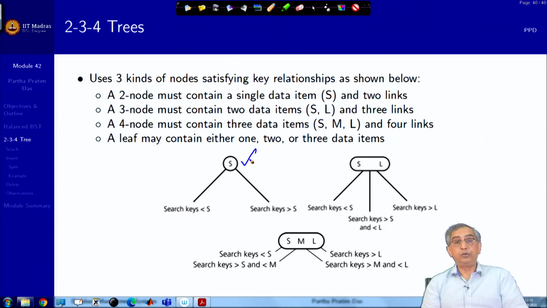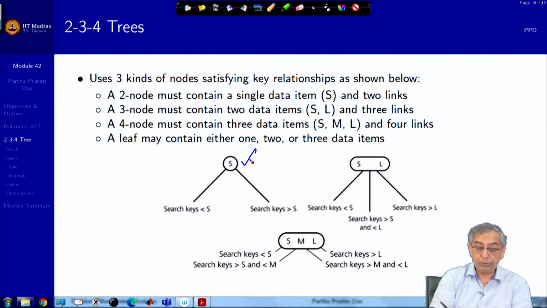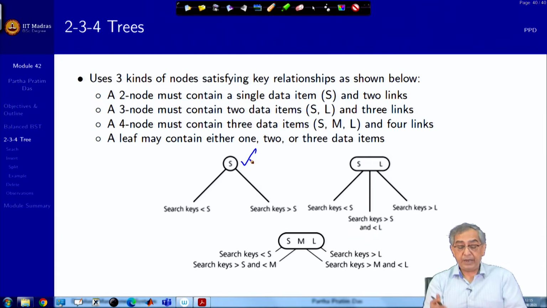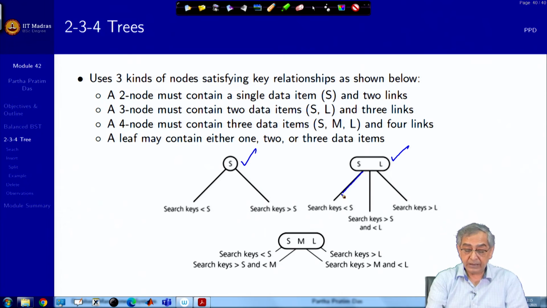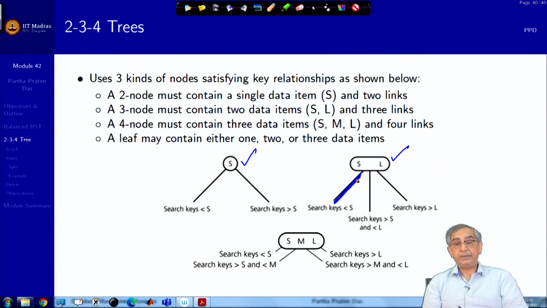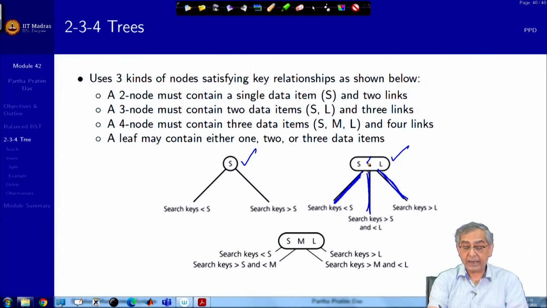A 2 node has one single data item and 2 search links, like the BST. A 3 node has 2 data items, S and L, the smaller and the larger, and it has 3 links. So, these are the data items which are less than S, these are data items which are more than L, and these are data items between S and L. You have to satisfy this.